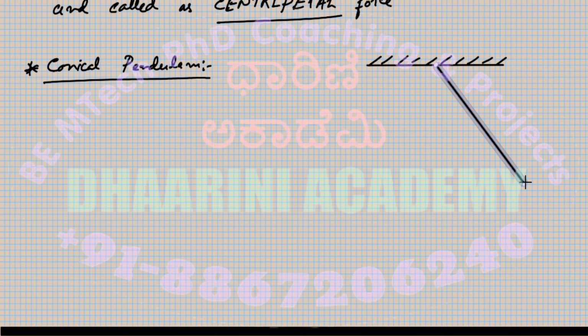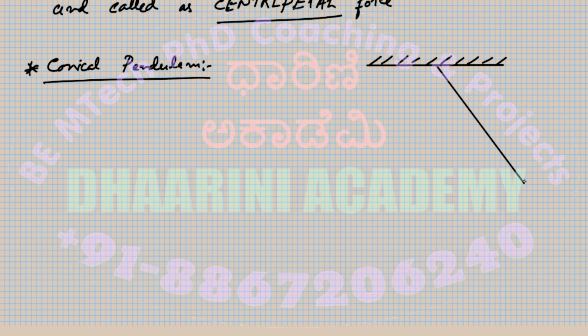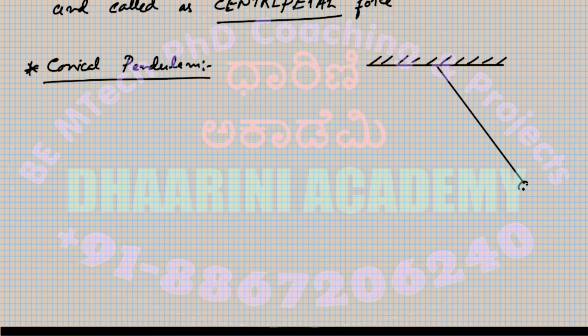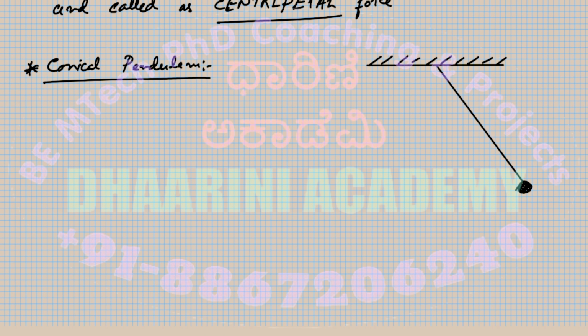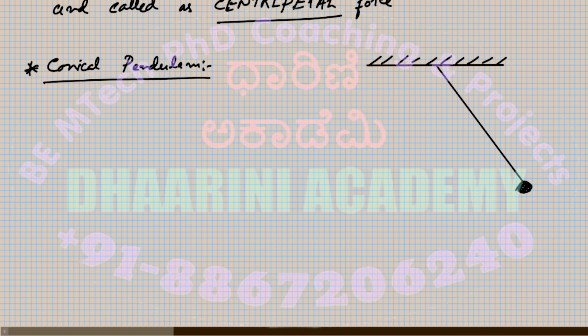At the end of this string we have a bob. It's a heavier object, circular in shape. Now, this is said to be a conical pendulum because it's not actually having oscillations in a normal pendulum fashion.